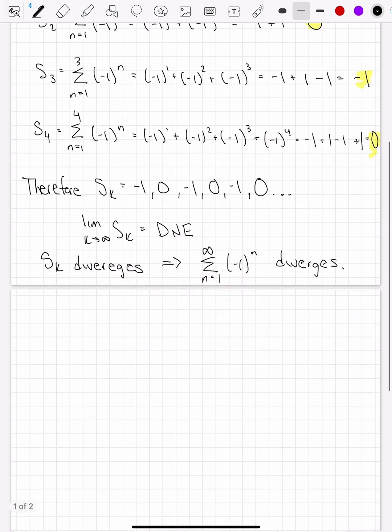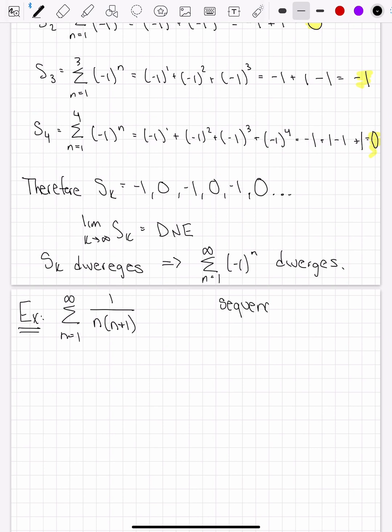Alrighty, so let's do one more. Let's try to find the sum from 1 to infinity of 1 over n times n plus 1. Right now the only tool we have in our toolbox for finding the sum of a series is to generate the sequence of partial sums and see what the limit of that sequence is.